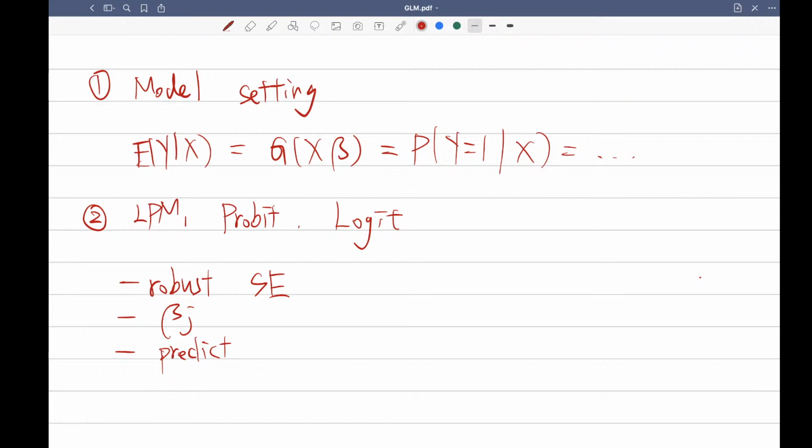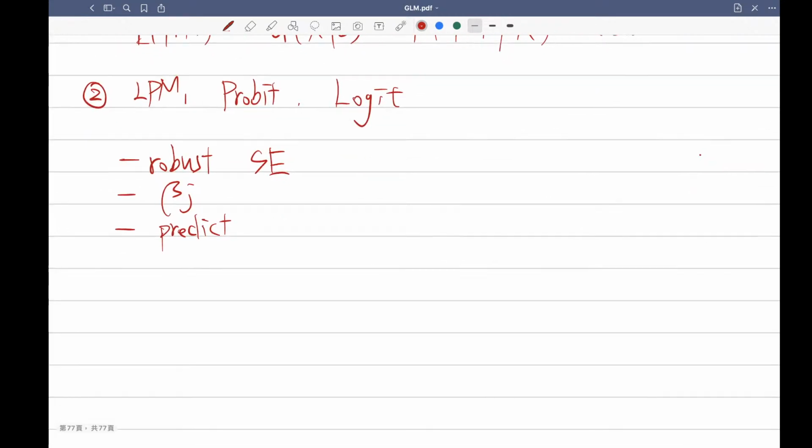And you should know the advantages, the pros and cons, of each model.